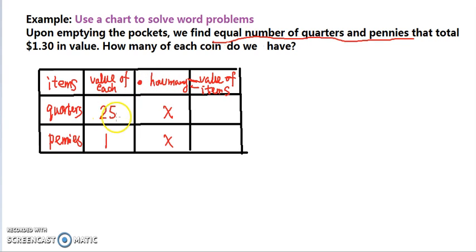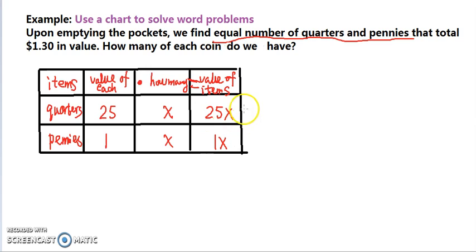If we have x quarters, then we have x 25s, so we multiply 25 and x. The last column comes from multiplying the second column and the third column. The same for the last row: we multiply 1 and x, and we get 1x.